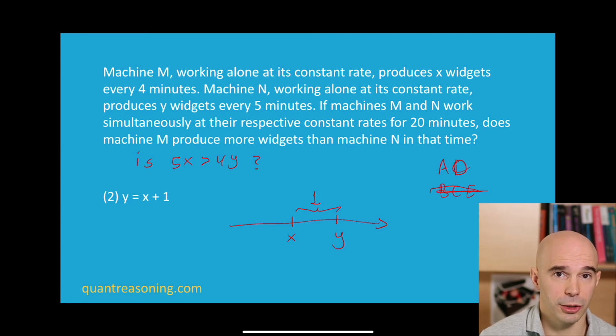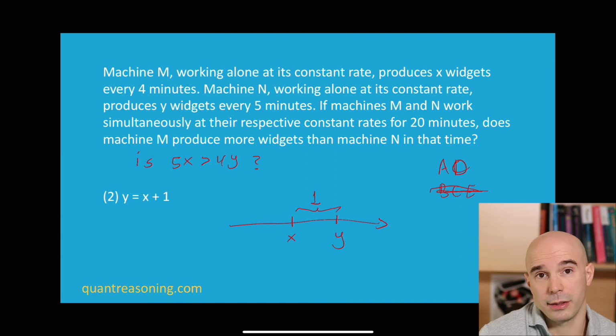They have to be integers, and they have to be positive for the story to make sense. These are not just any two random numbers on the number line.